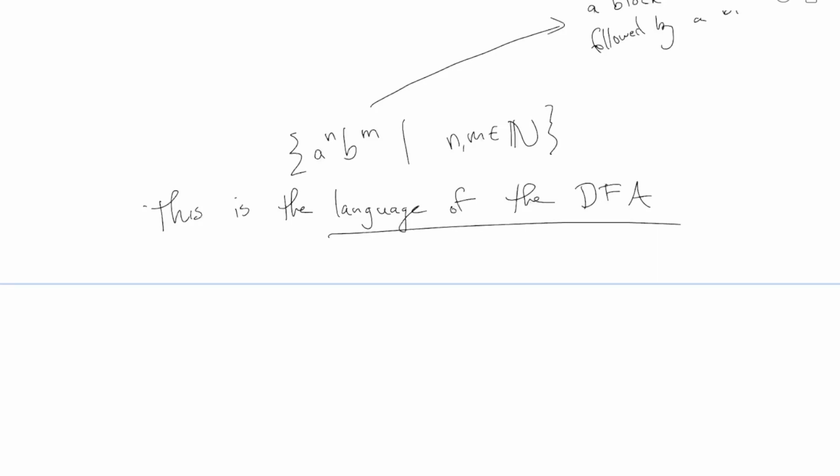In this example, the alphabet is A and B. Those are the letters. And a language is just any set of strings. And so this here is a set of strings, so we can refer to it as a language. This is the language of the DFA. This is also sometimes called the language accepted by the DFA. These are synonyms.